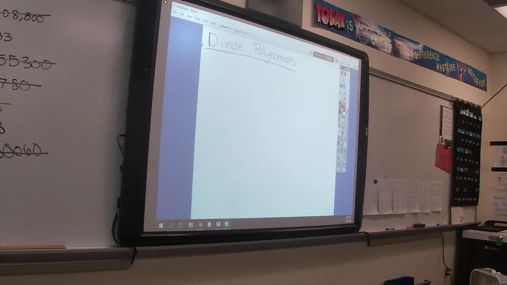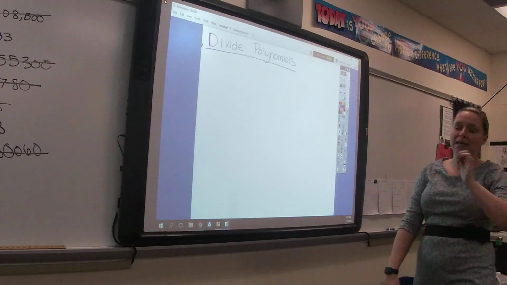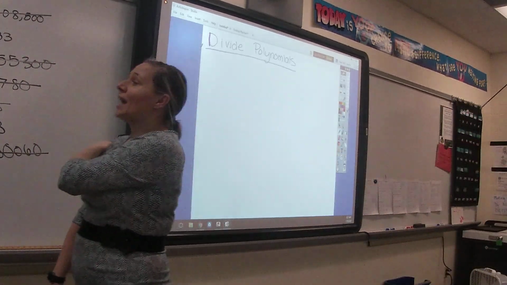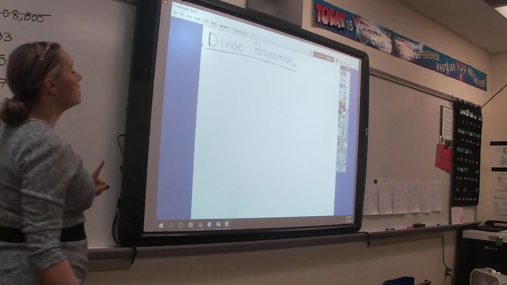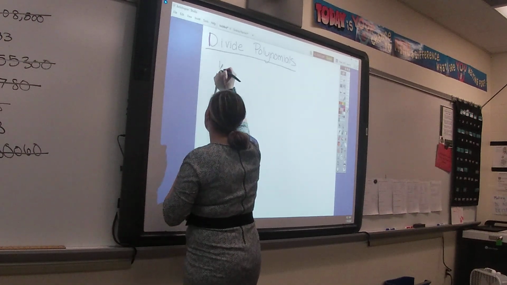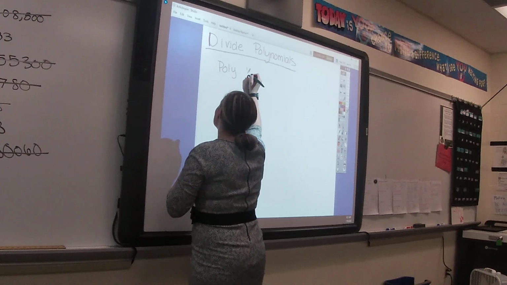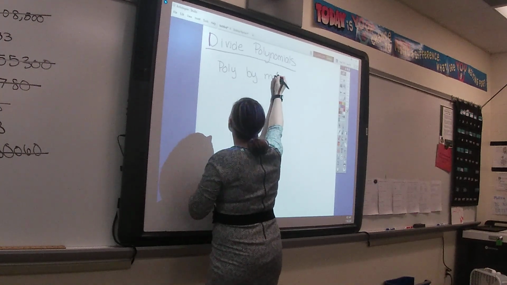Dividing polynomials gets its whole entire own unit in second year algebra. Dividing polynomials opens a whole other door to a lot of things. So we're only going to be looking at dividing in one specific way: dividing a polynomial by a monomial.